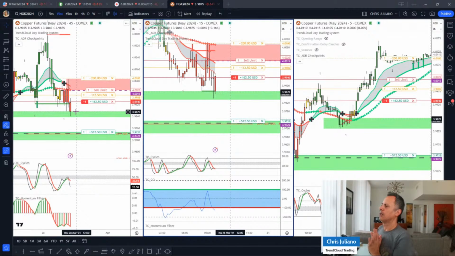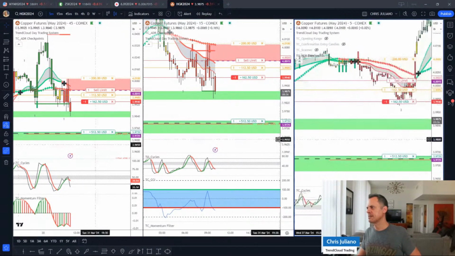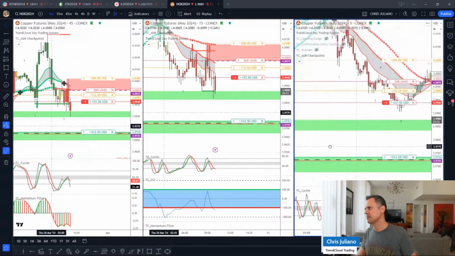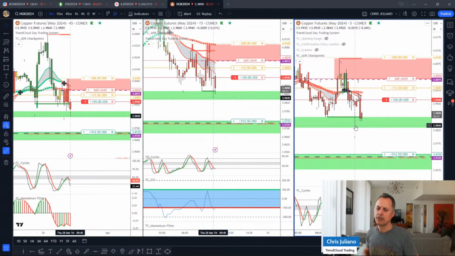This is such a great lesson. I hope it works out because it would really follow our theory beautifully, how we don't like to take demand zones that have trend and momentum against you, for this very specific reason.